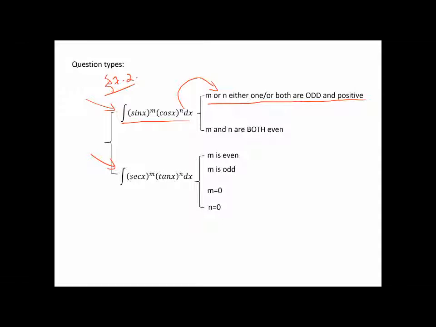By the way, I want to mention that the m and n powers are high powers, meaning greater than 1. You will see sin x squared cosine x dx, and this is a higher power, greater than 1.